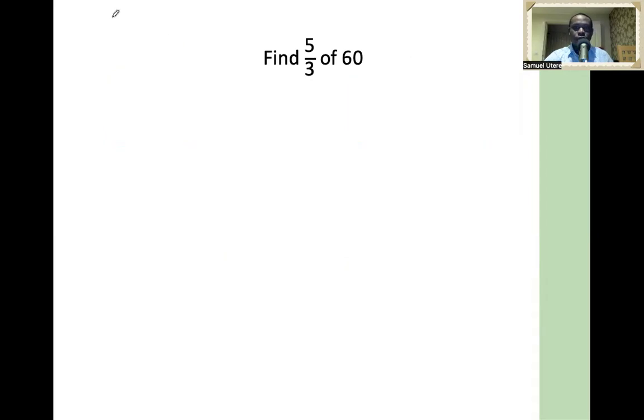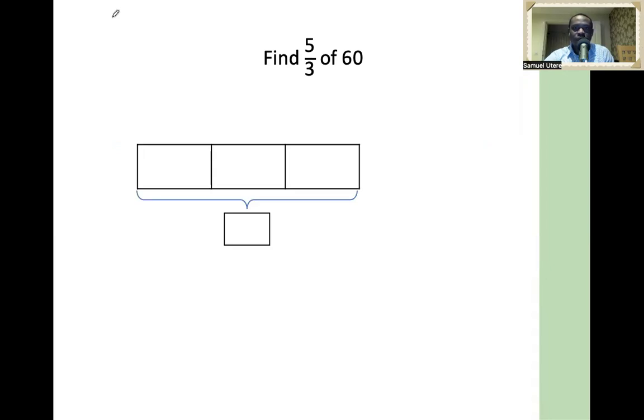Okay. What if we're told to find 5/3 of 60? How do you think about this? 5/3 of 60 simply means that the whole lot, you have 3 parts which represent 60. That's what it means. So we need to now extend it to say, okay, what about the other parts?